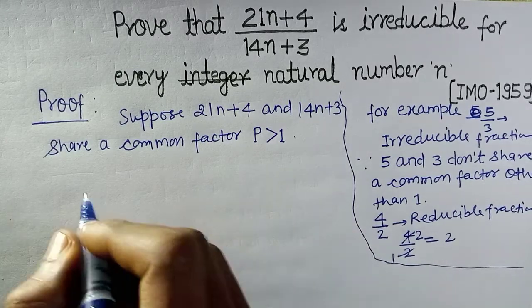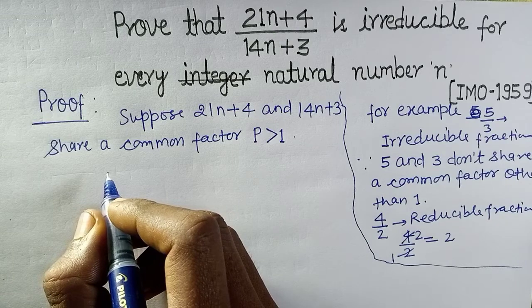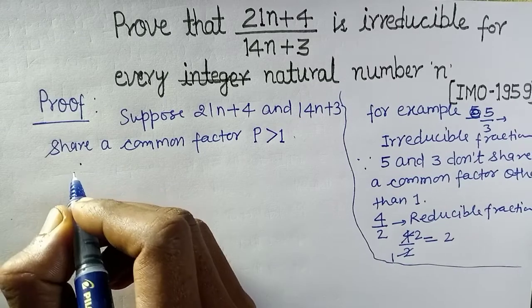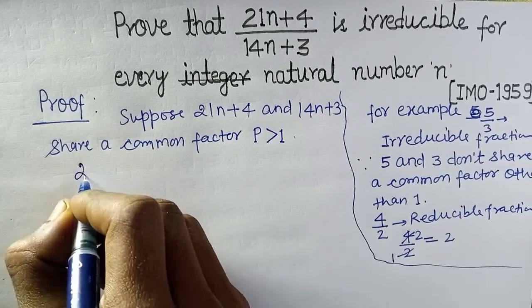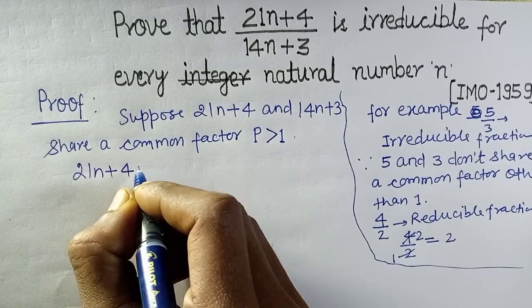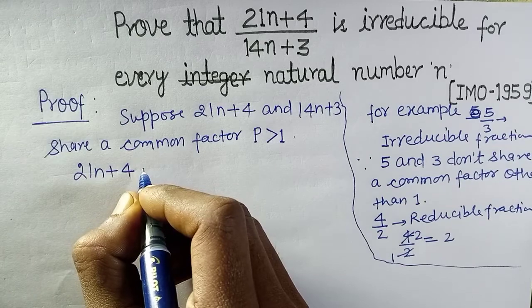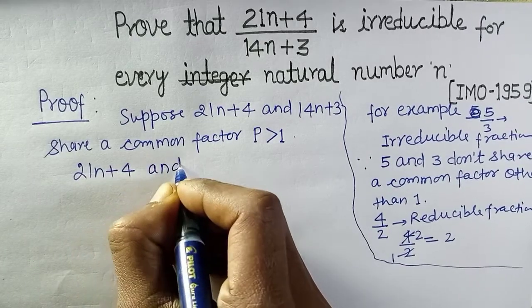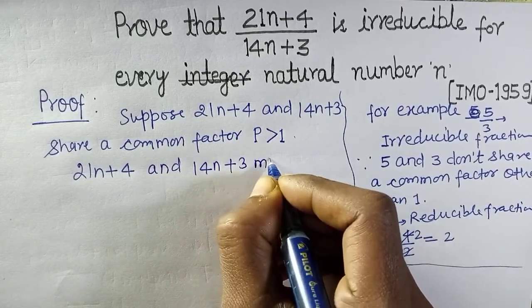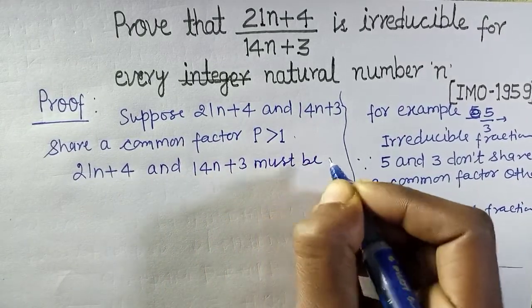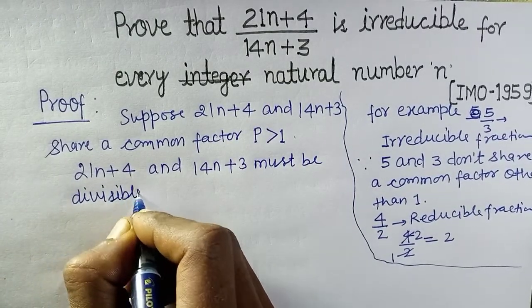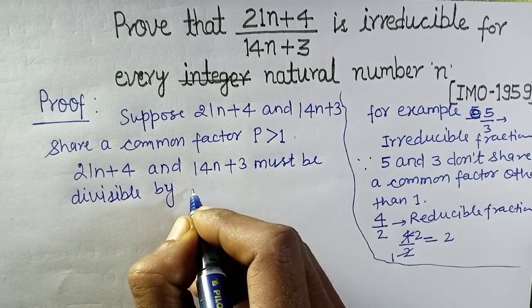So from here we can write that 21n + 4 and 14n + 3 must be divisible by p.